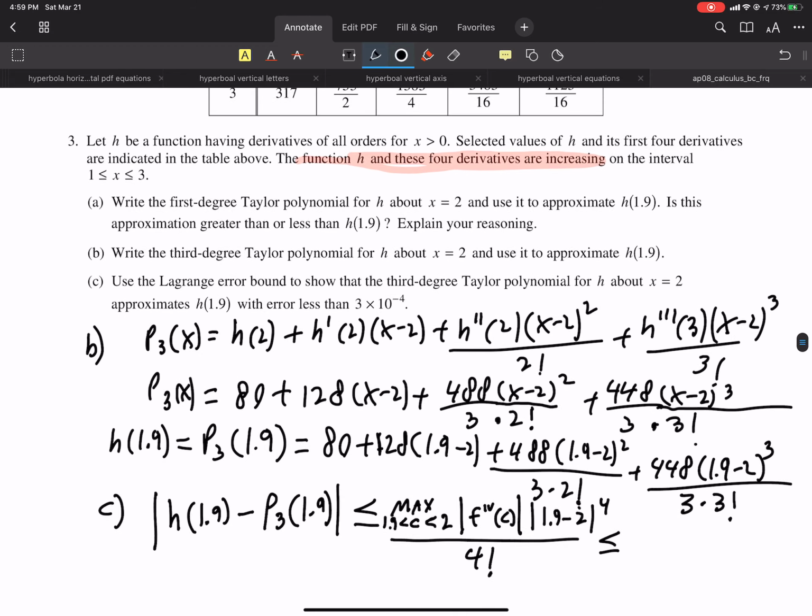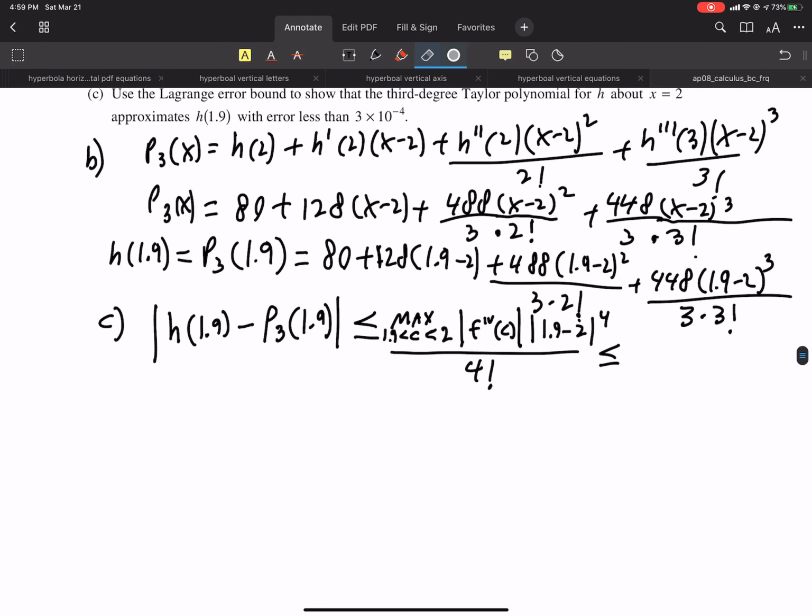So I use 584 over 9, and then we have 0.1 to the 4th, all over 4 factorial. And I'm hoping that's less than 3 times 10 to the negative 4. If I did my work right, that should be good.